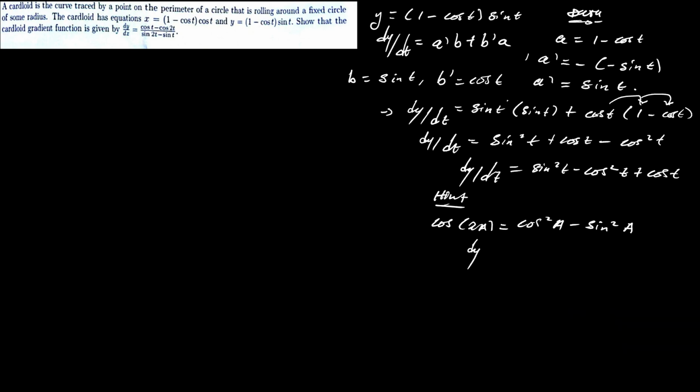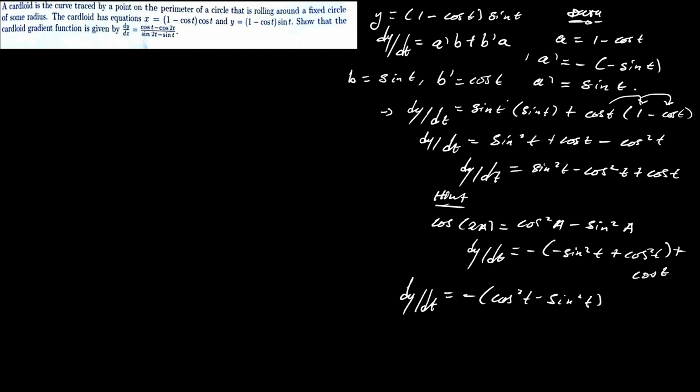The partial derivative dy/dt is equal to, if we factor out the negative, negative of (cos squared t minus sine squared t), and we have that plus cos t. So this is the partial derivative dy/dt being equal to negative of (cos squared t minus sine squared t) plus cos t.